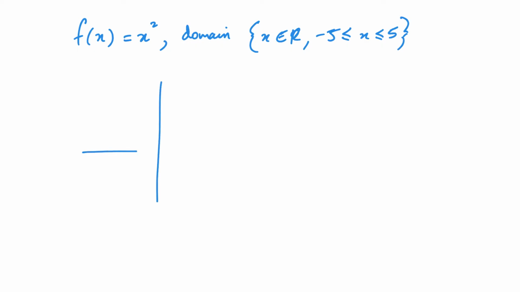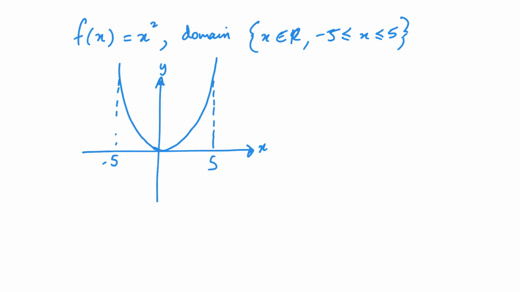When I think about that, I know what my x squared graph looks like. It's going to look something like this. Now, this is the point at minus 5 and plus 5.